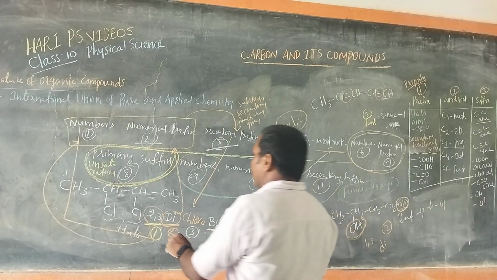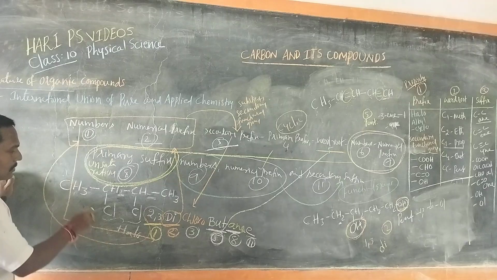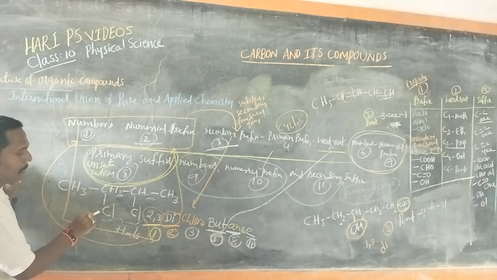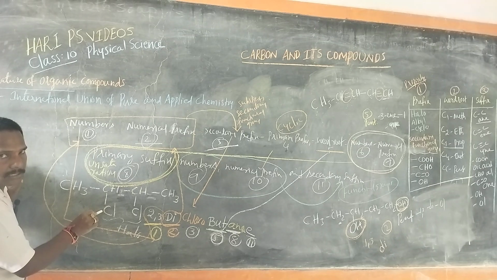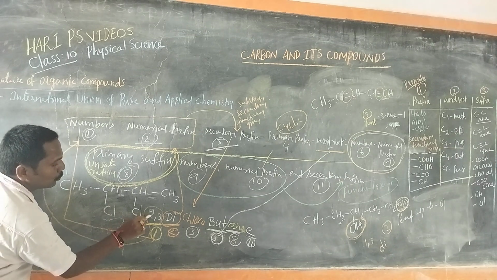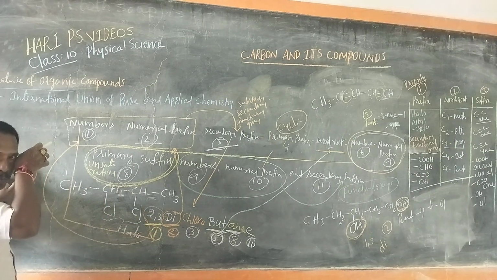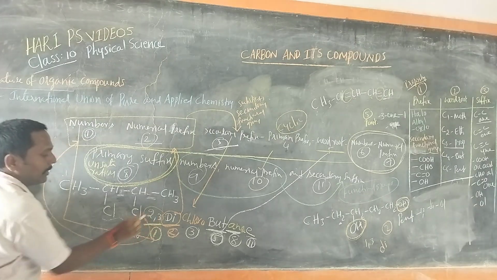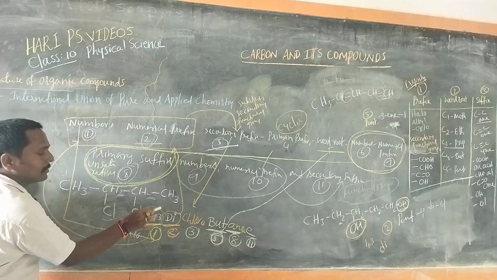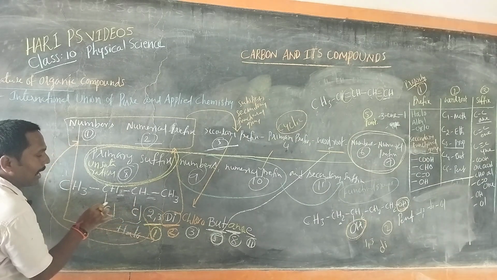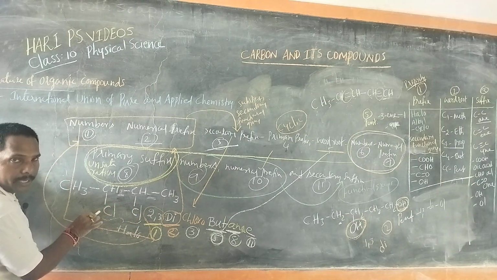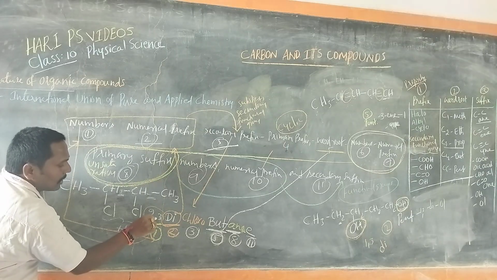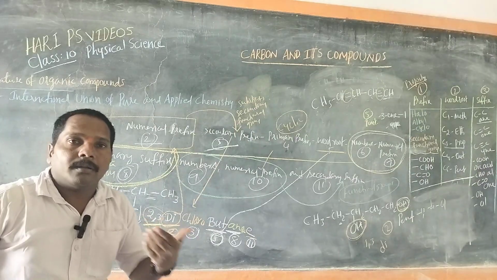So in this compound, the second carbon and third carbon have chlorine as a substituent. So 2, 3 means the second carbon and third carbon have substituents, and that is separated with a comma.